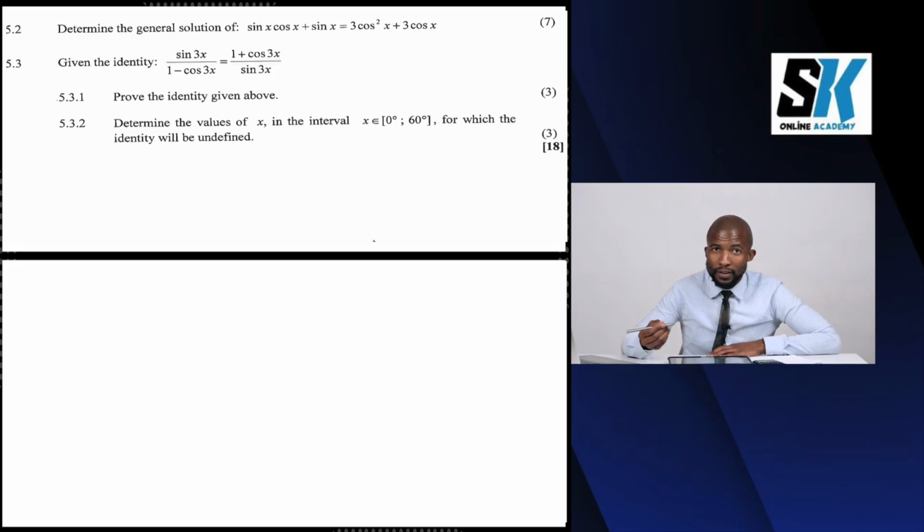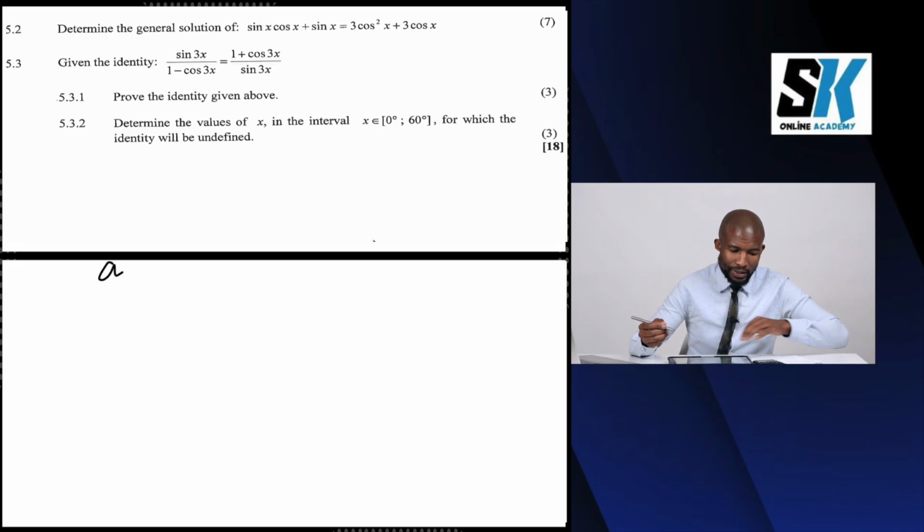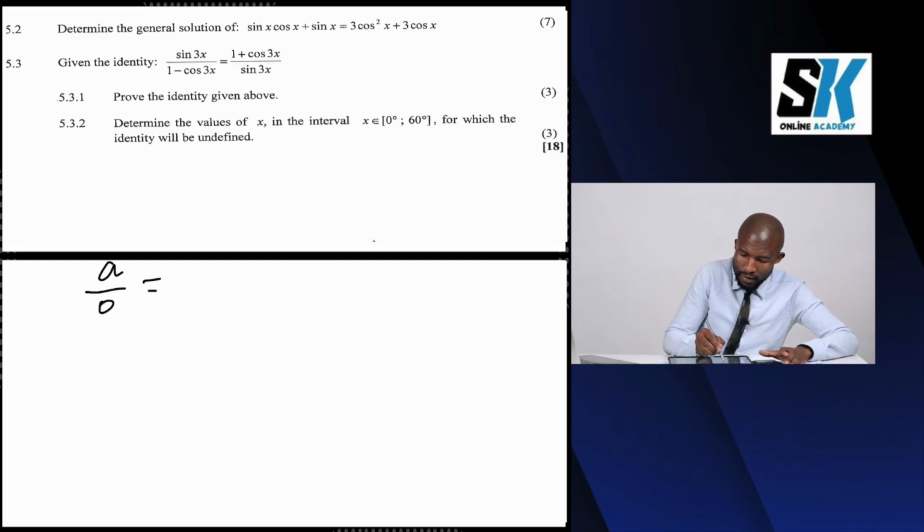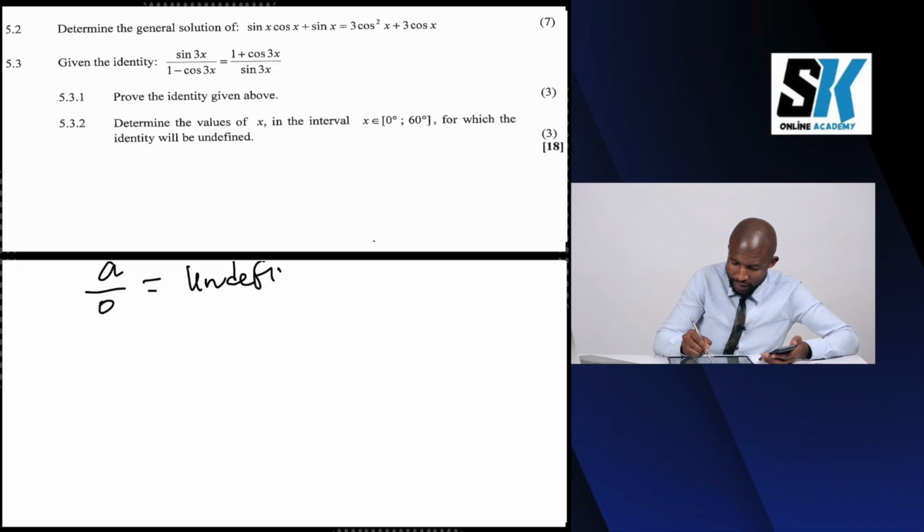So for a value to be undefined, we know that if you say anything divided by 0 on your calculator, it's going to say maths error, and that is when it is undefined.